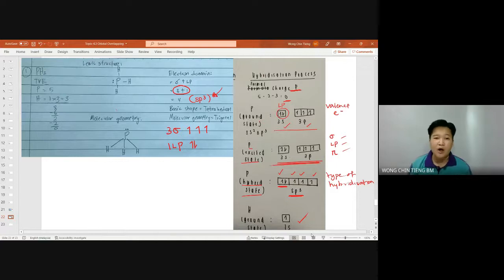Easily. I want orbital overlapping. Please.